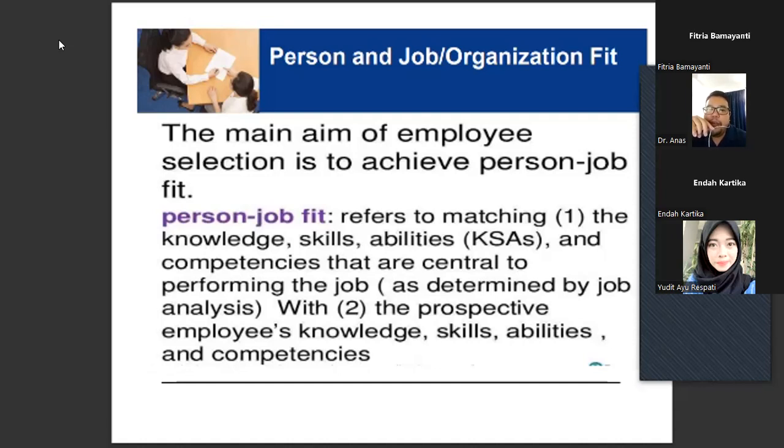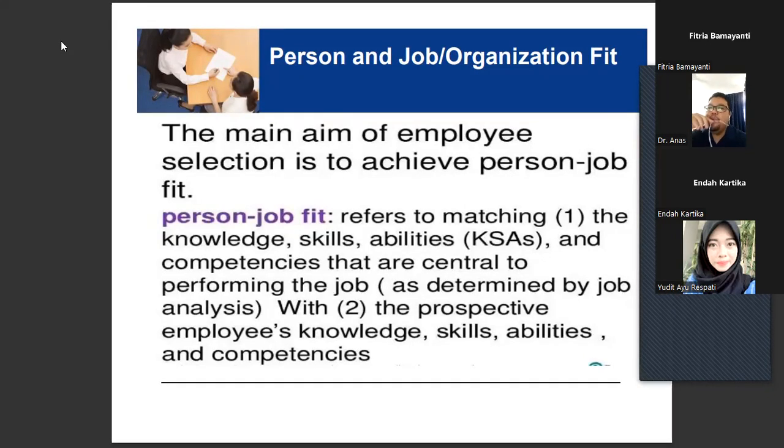That means person job fit refers to matching the knowledge, skills, and abilities, the KSA, and competency that are central to performing the job, as determined by job analysis, and then the second, with the prospective employees' knowledge, skills, abilities, and competency. So these are the two.